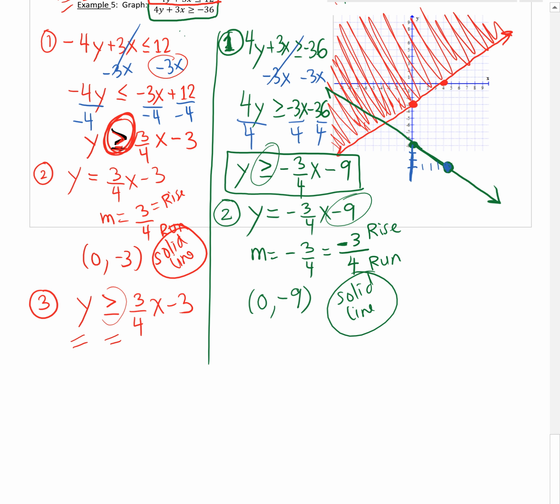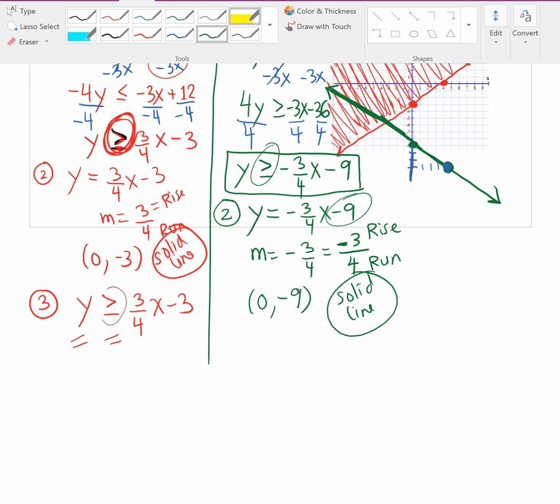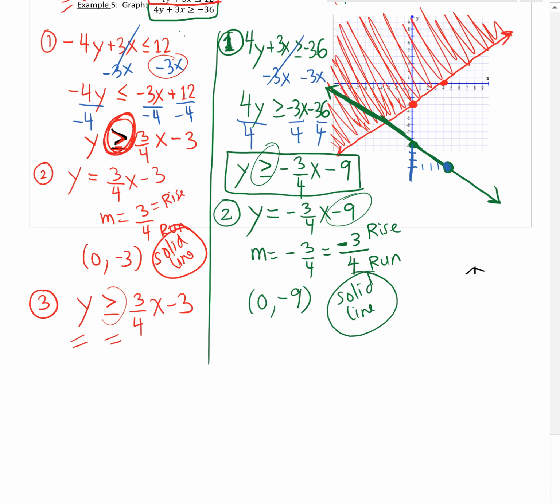There it is. And try to extend your line as far as you can, because you want to see where they meet and what the graphs have in common, where the shadings intersect. Because I have seen students, when they graph these problems, let's say this is your x and y coordinate system, they'll go, oh, one line looks like this. It's a really short line. And then they'll shade.